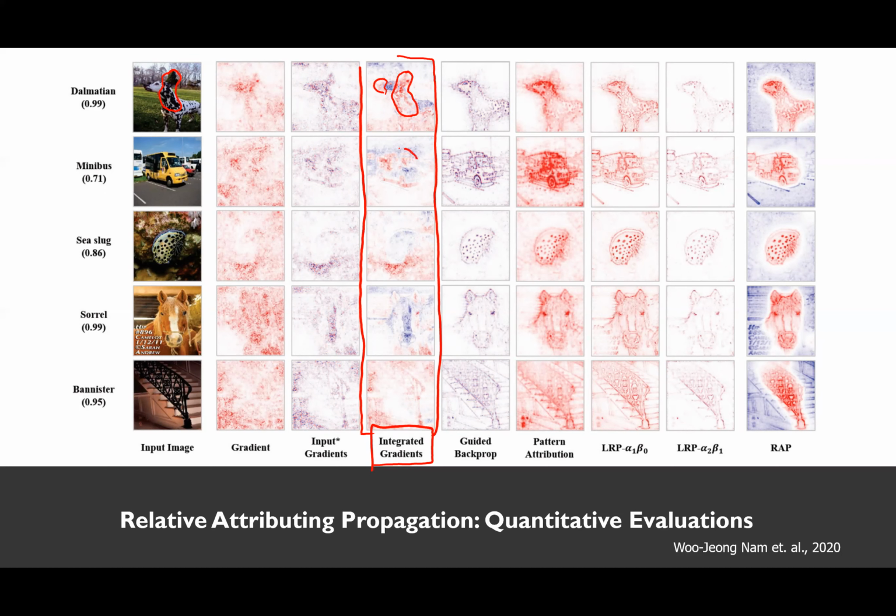The minibus case is similar. Other methods may suffer from finding the crucial property. But you can also see that the strong negative ones in integrated gradient are also concentrated on the object part, right?